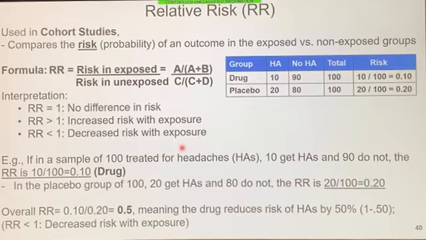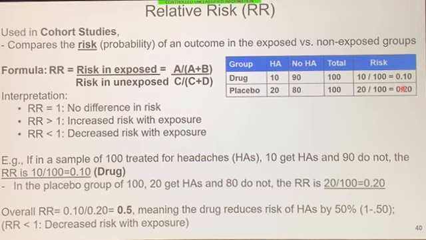So if we look at a group of people that had headaches, 100 that were given a drug, 100 that didn't, and we determine the relative risk in each group. So the risk for the drug group would be 10 got the headache after the medication, 90 did not. So that would be 10 over 100.